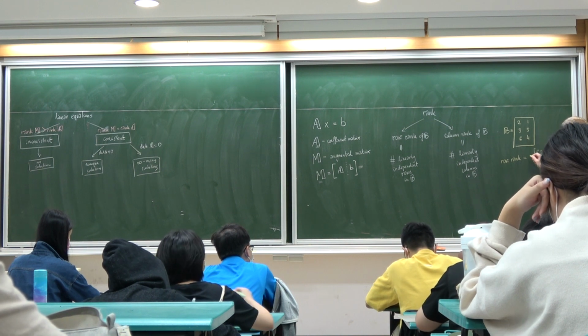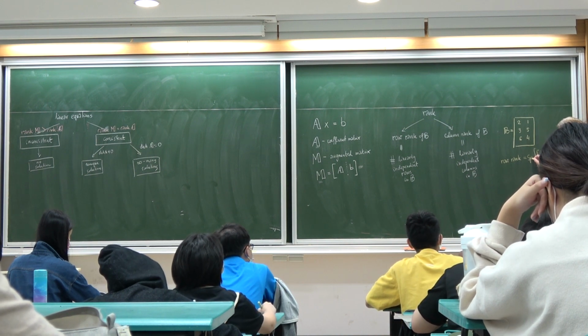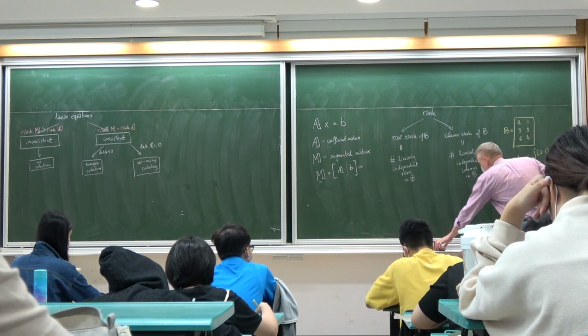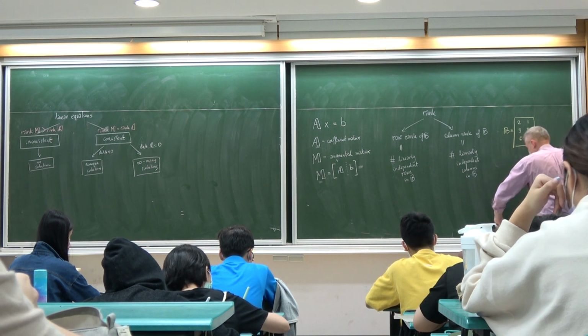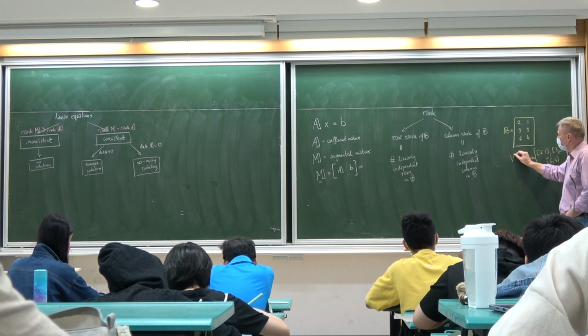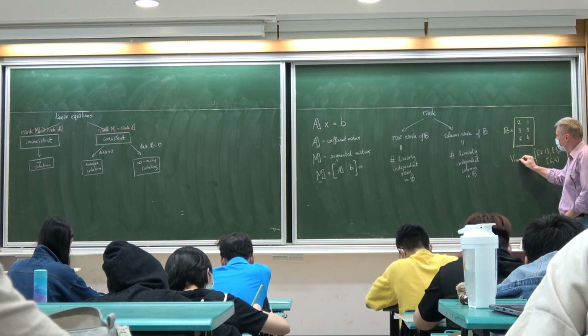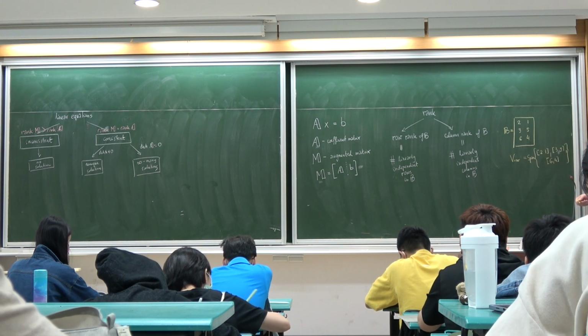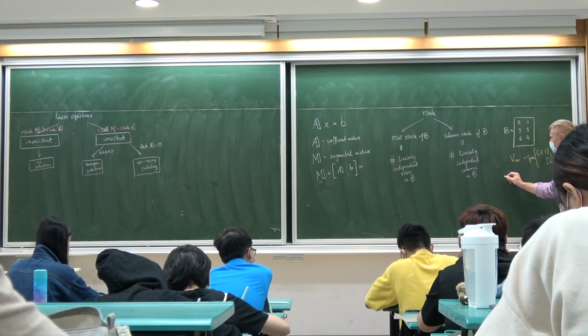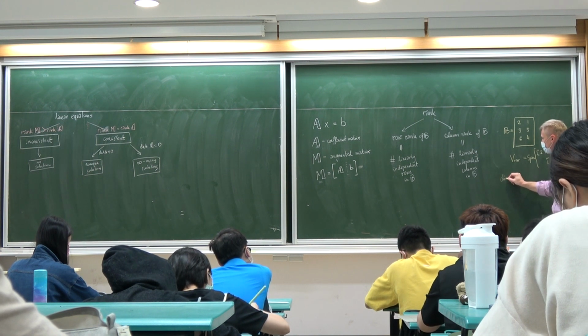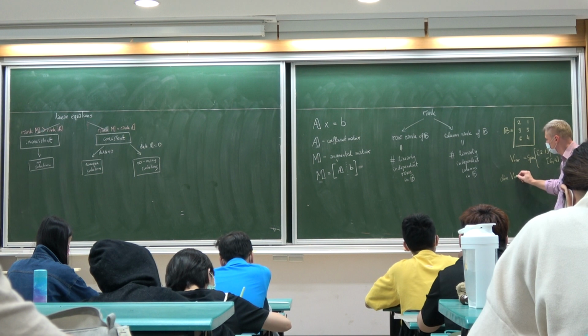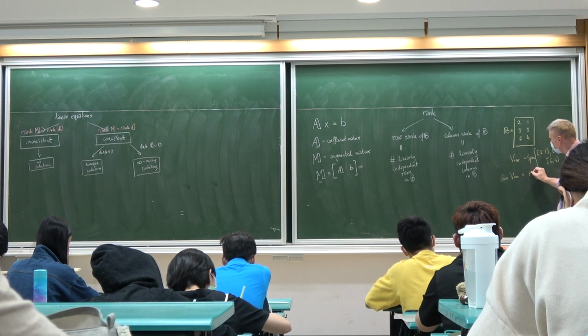These three vectors are spanning a space V rho. Now you take the dimension of this space and you get the row rank of B.